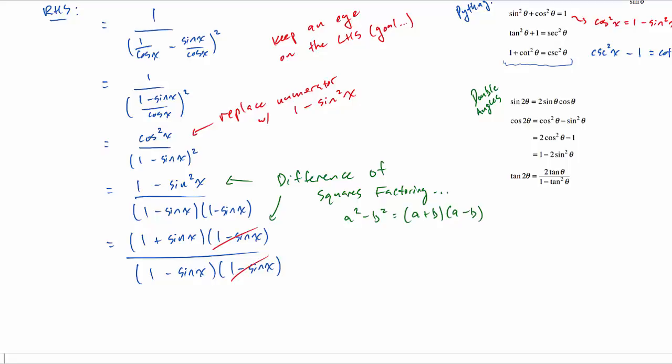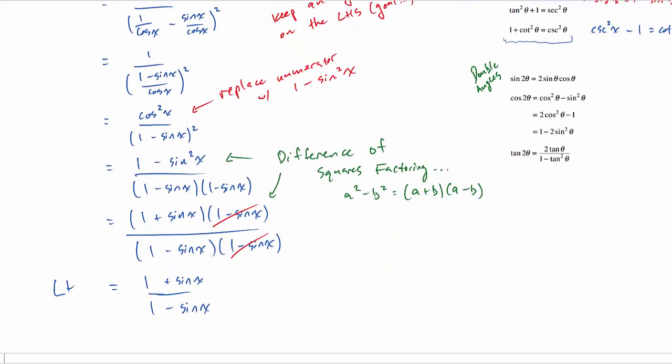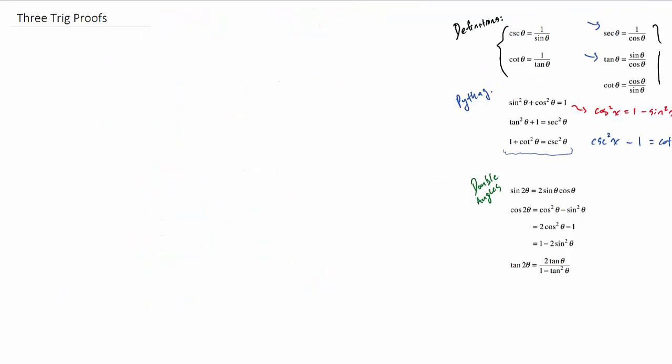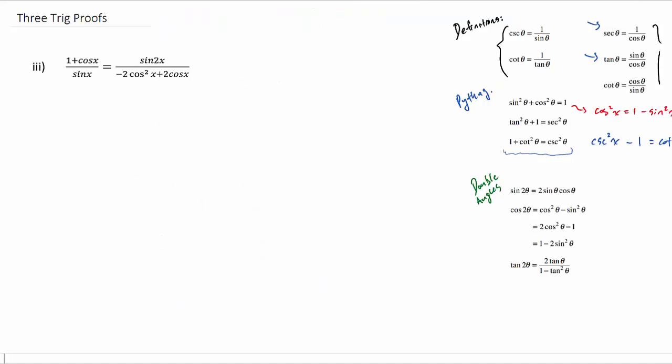So now we can start to cancel some things out. I can cancel out 1 minus sine x because there's one on the top and there's one on the bottom. Anything divided by itself makes 1. And now I'm left with 1 plus sine over 1 minus sine. And I am at my left-hand side. So I proved that it equals the other side.